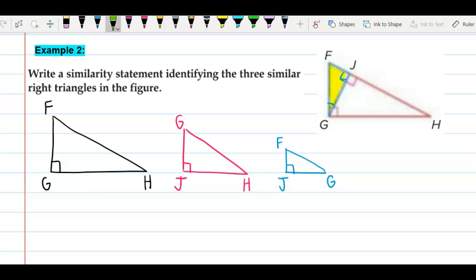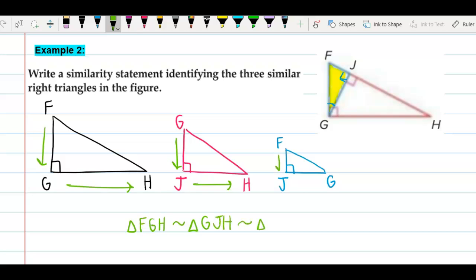But now that we have them all looking the same, it's going to be a lot easier to rotate around the triangles because they all look the same. So if I went from F to G over to H, I called this first one F, G, H. I'm going to rotate the same way around the second one, G, J, H, and F, J, G. Okay, you could start at H and go H, F, G, that's fine.